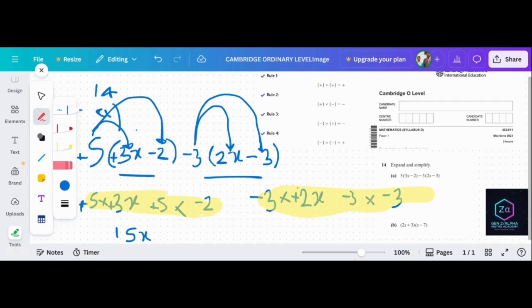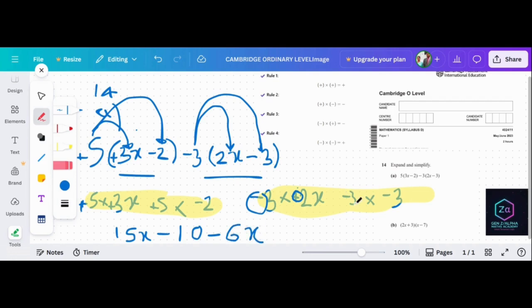Plus into minus is always minus, so we can write minus 10, right? Then minus 3 into plus 2x. Minus into plus means it's a minus value, and minus 6x.